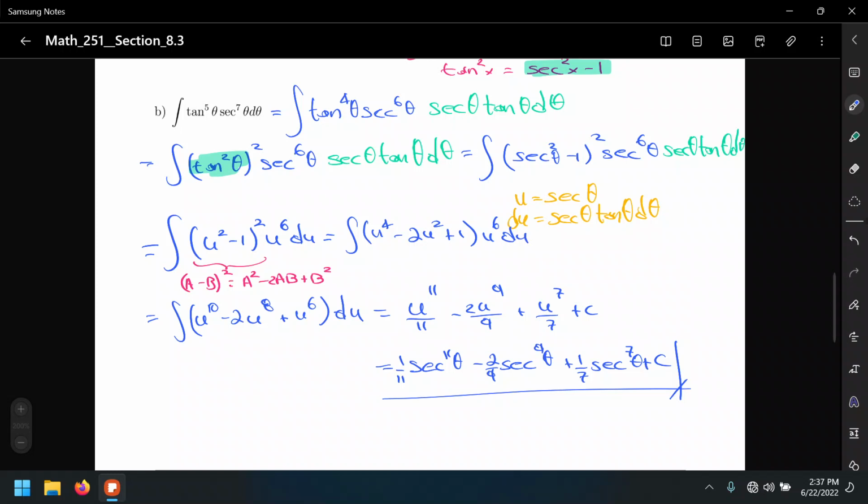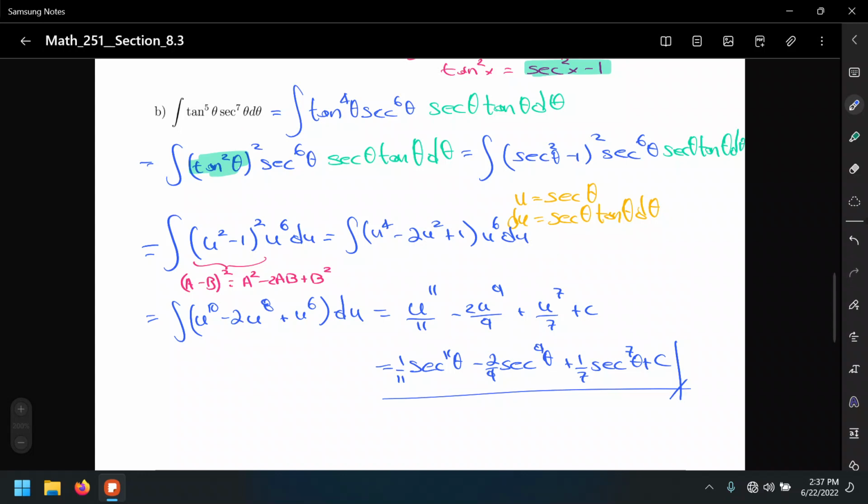Are we ready for the next one? Question? Yes? How come we start with secant to the 7th, but then we have secant to the 6th power? Secant to the 7th, this one? The equation is secant to the 7th power.